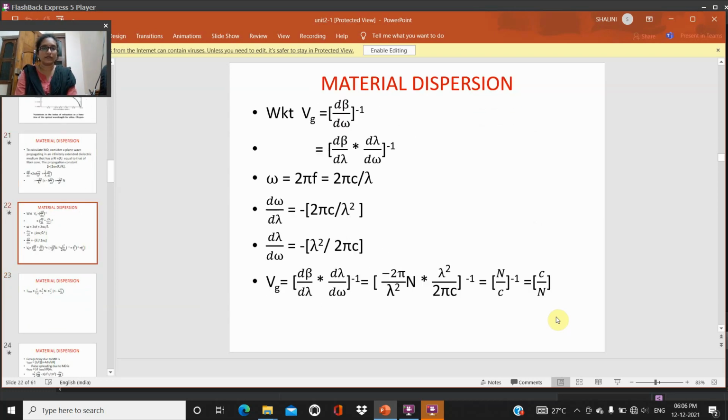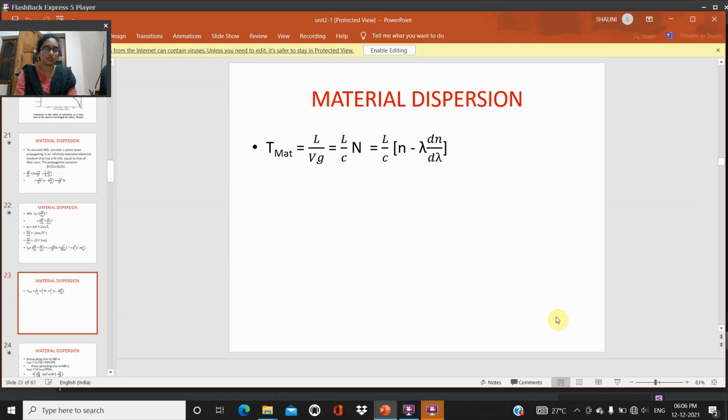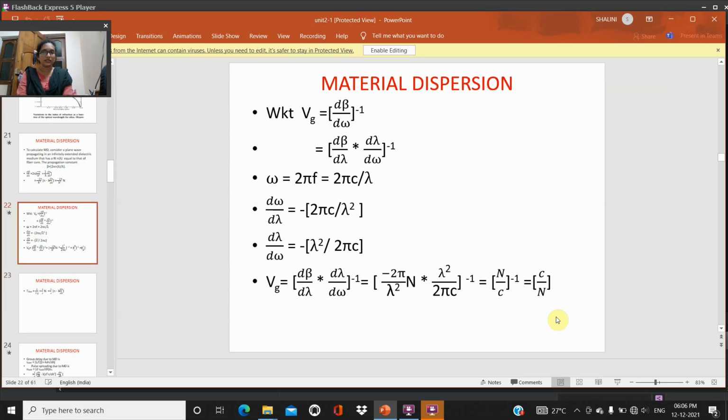These are the equations classified mainly under intramodal dispersions. Vg means group velocity. This is the derivation part. d beta by d omega we are writing as d beta by d lambda into d lambda by d omega. We know that already omega is equal to 2 pi f, where f is c by lambda.